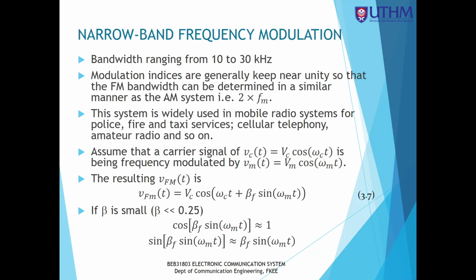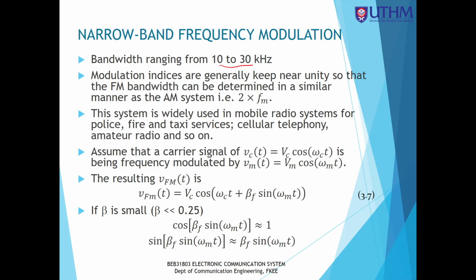Narrowband frequency modulation. Remember previously we have seen that FM has two categories, narrowband FM and also wideband FM. For narrowband FM, the bandwidth ranges from 10 to 30 kilohertz, small bandwidth.